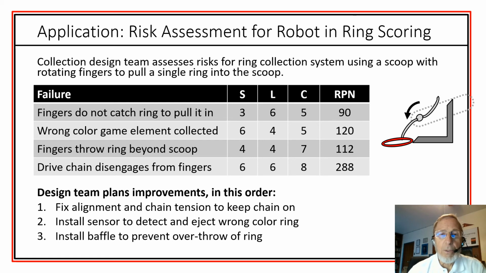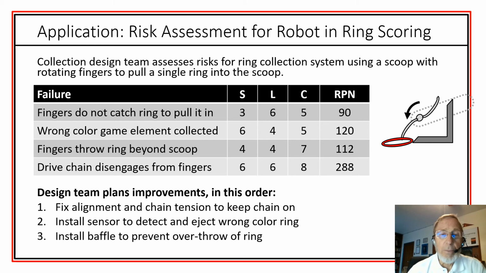And perhaps you decide you're going to fix the alignment and adjust the chain tension to keep the chain on. So you know there's some actions you can take, and you set about giving it a priority to get that done.